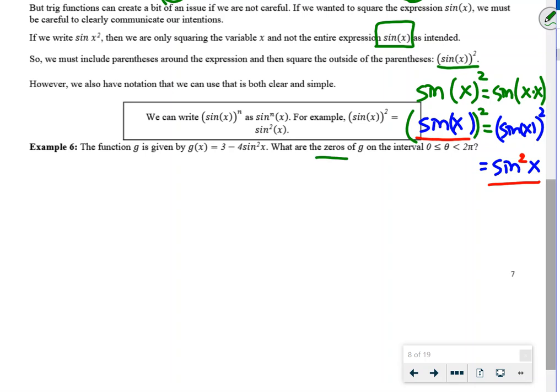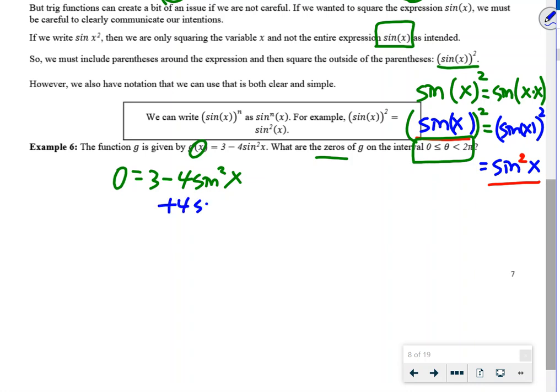The question is asking you to find zeros and restrict the domain from 0 to 2 pi, meaning I'm going to set this one equal to 0. Then let me rewrite here: 0 equal to 3 minus 4 sine squared x. For solving, I want you to put sine on one side and the number on the other side.